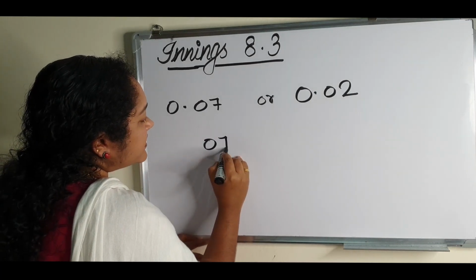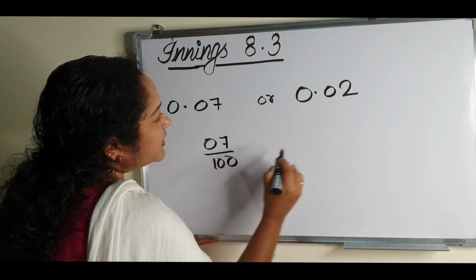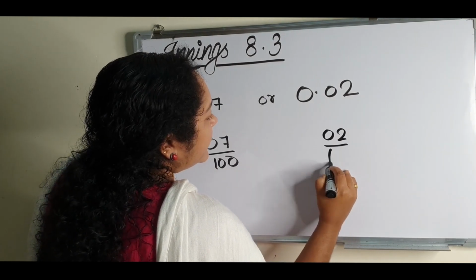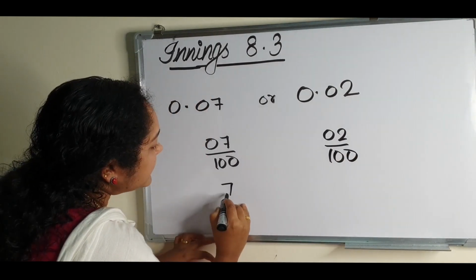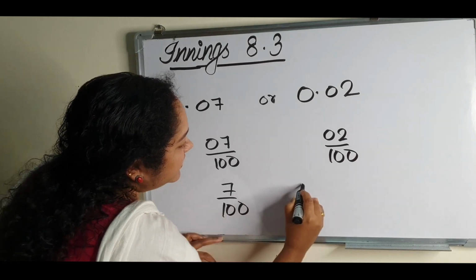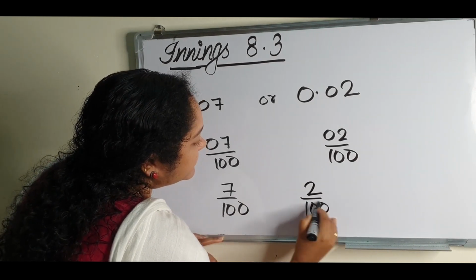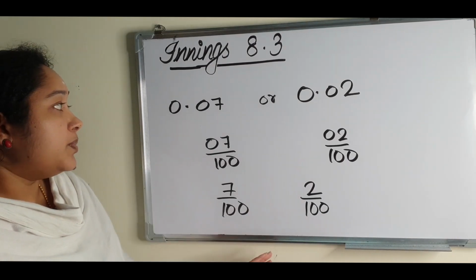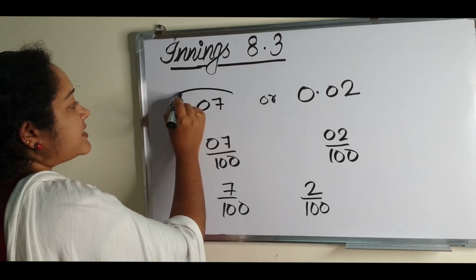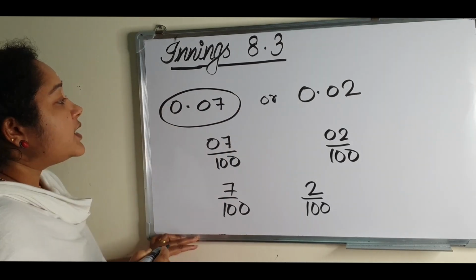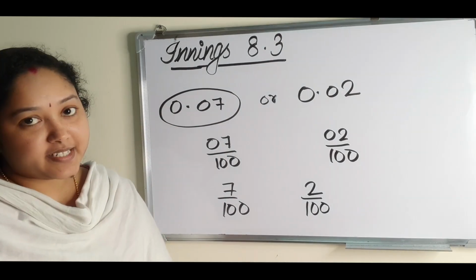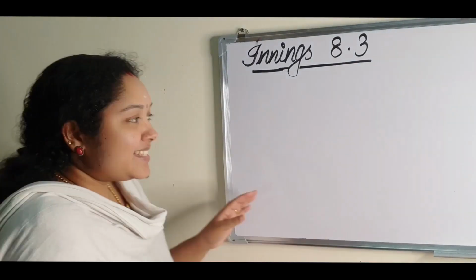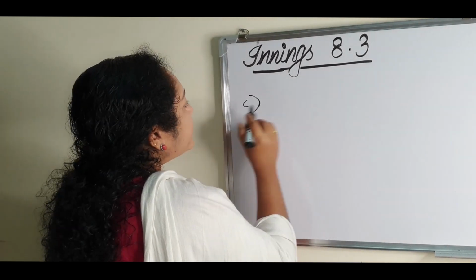That means 7 by 100, 2 by 100. 7 by 100 is greater than 2 by 100. The answer is 0.07 is greater.